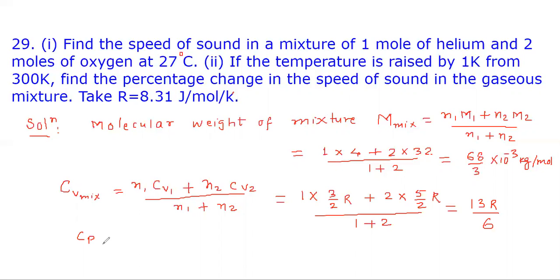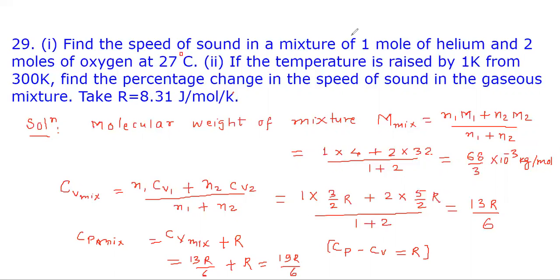Now we find CP. CP of mixture will be equal to CV of mixture plus R. This is from the fact CP minus CV equal to R. So it will become 13R by 6 plus R, which is equal to 19R by 6.